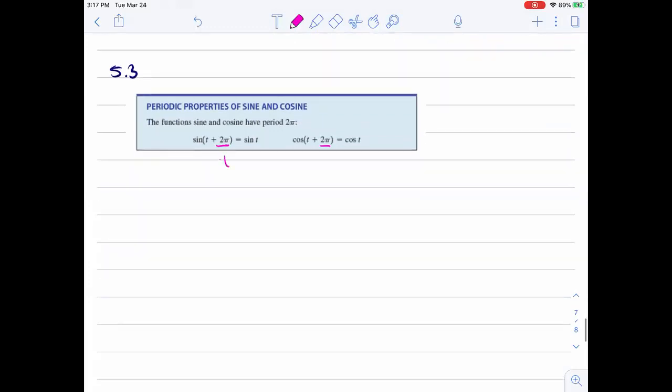So here what we're saying is sine and cosine have a period of 2 pi. Okay. So it's cyclical, and so we just end up at the same spot over and over again at a rate of 2 pi.